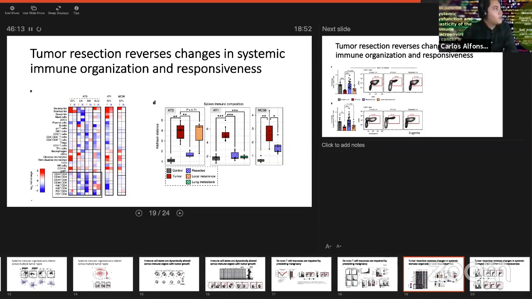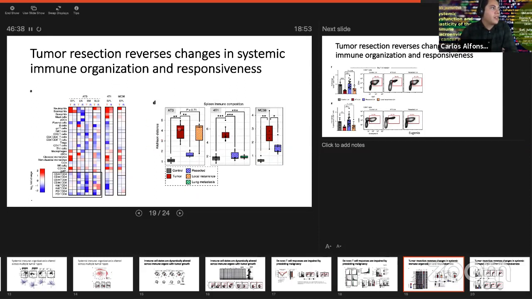So they have more or less a systemic response, in the sense that once you remove the tumor, the cells start going back to their wild type organization. And they can see the same results in different tumor models: after removing the tumor, the immune system goes back to normal gradually.